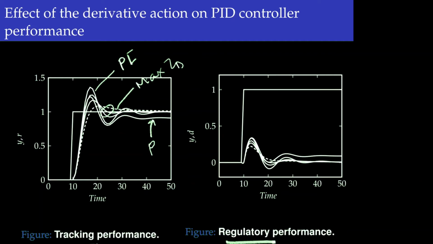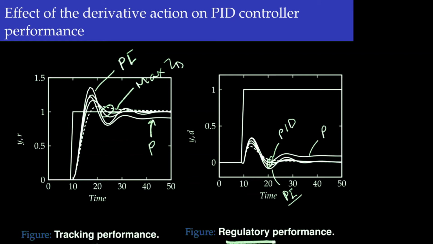Okay. So again, the derivative action reduces the oscillation in the response. The same can be observed here. This is for the proportional controller, which results in an offset, and this one is for the PI controller with a large oscillation, and all of the other curves represent PID, where the oscillation due to the integral action is reduced due to the derivative action.